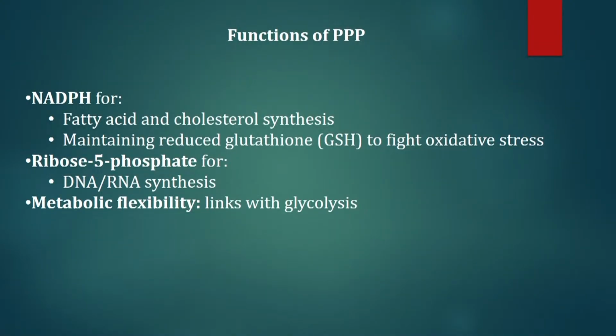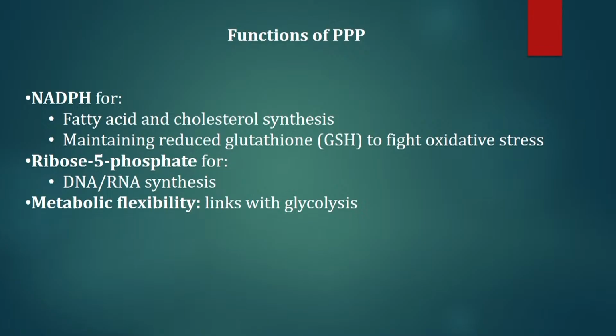Now let us see this NADPH molecule which I told you is produced during the pentose phosphate pathway, right? So here you try to understand what the functions of the pentose phosphate pathway are. As I told you, learners, this pathway produces NADPH. What does NADPH do?